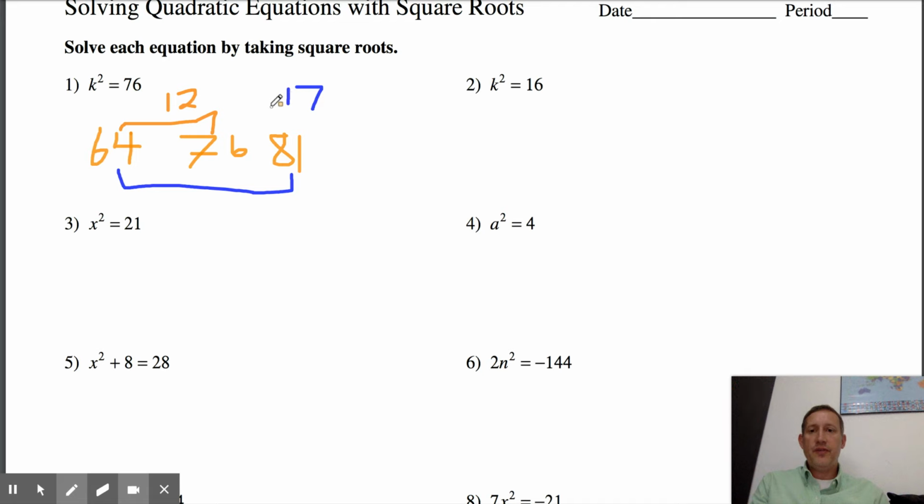So if we write the fraction, 12 divided by 17, using long division, that'll give us an approximate answer. And that will tell us what to add to 8 to get this approximate number.